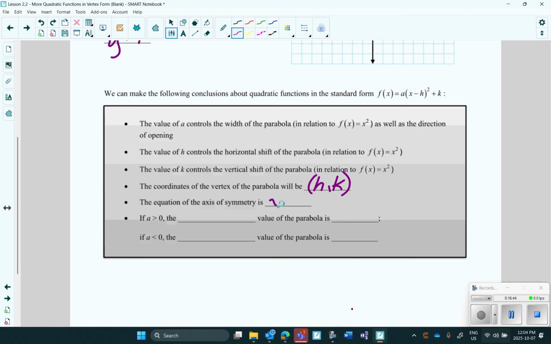The equation of the axis of symmetry will be X equals H. If A is positive, that means it opens up. So the min value will be Y equals whatever the Y coordinate of the vertex is. But if A is negative, that means it opens down. So there's going to be a maximum value.